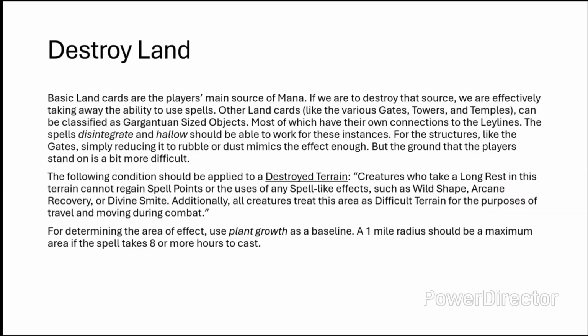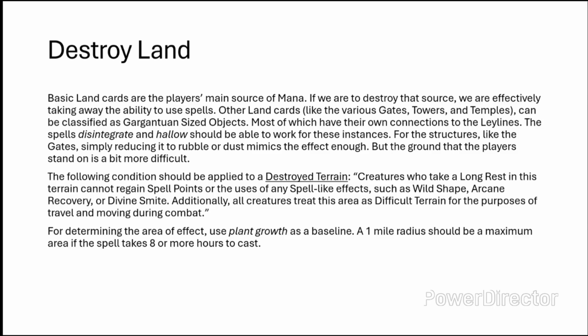But first, let's talk about destroying a land. This almost took as long as sacrificing a land did, as the ability to destroy land was kind of hard to calculate. Mostly it was the area of effect that would cause the land to be destroyed.